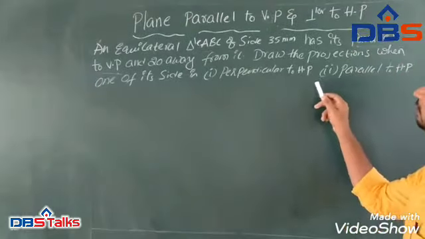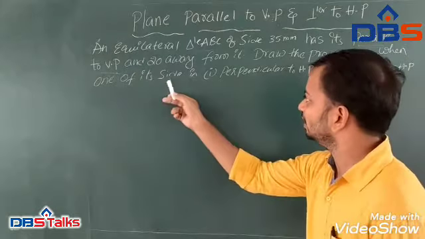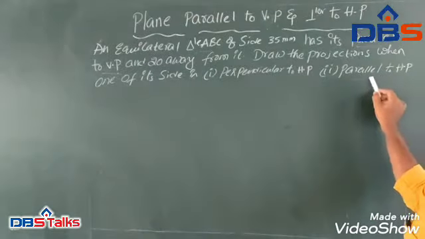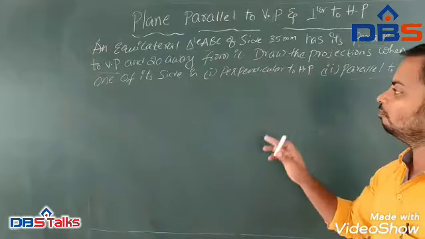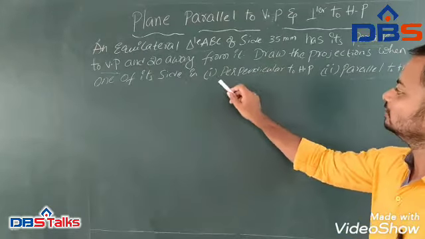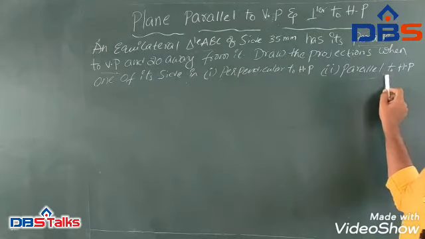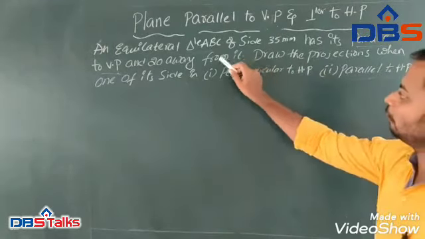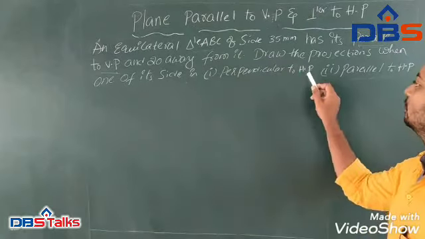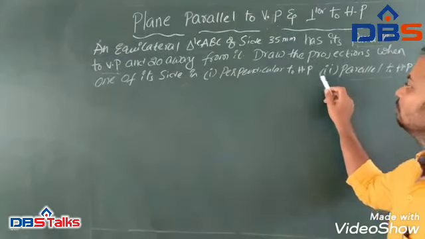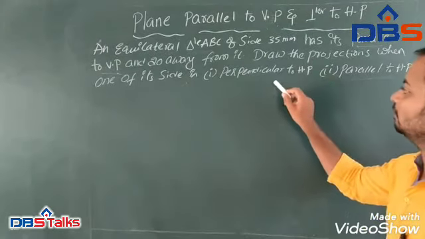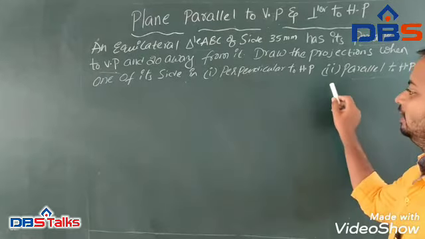And the second case is when one of its sides is parallel to HP. Here one more condition is there: perpendicular to HP and parallel to HP. It is the same problem we are solving in two different models, so we have to separate the problem into two conditions.